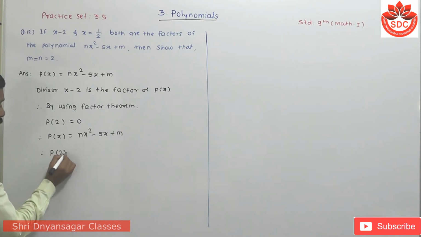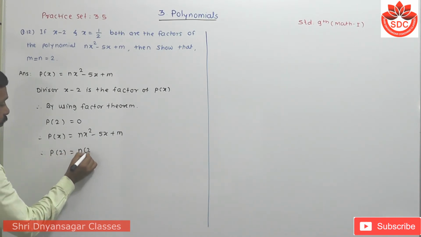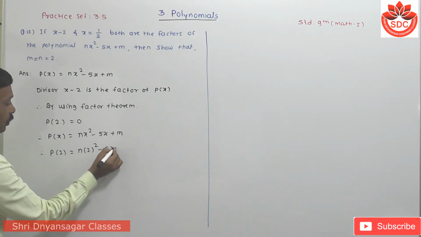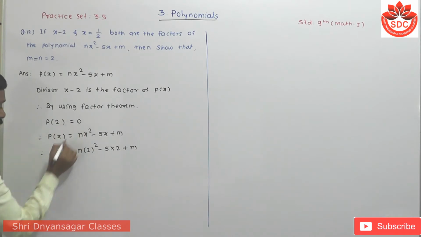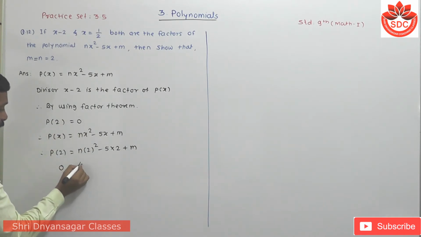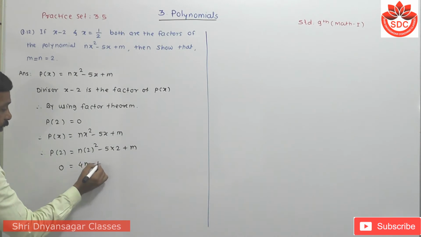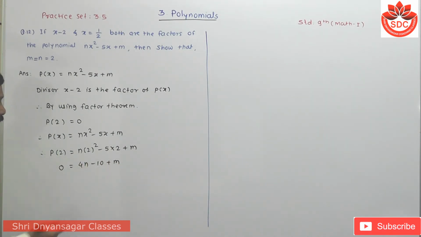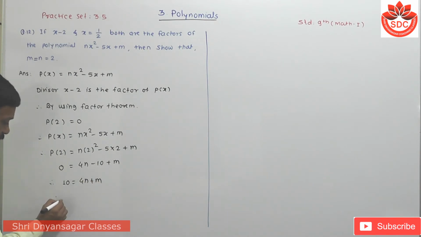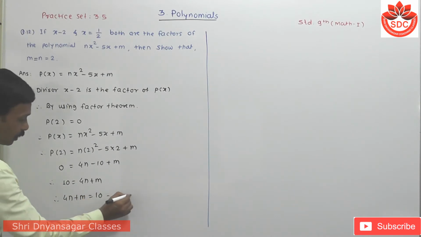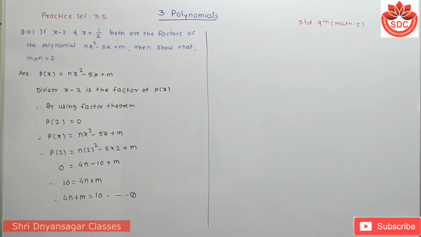Therefore, p of 2 equals n into 2 square minus 5 into 2 plus m. But p of 2 is 0 because it is a factor. So 4n minus 10 plus m equals 0. Transposing, we get 10 equals 4n plus m. I write this as 4n plus m equals 10. This is our equation number first.